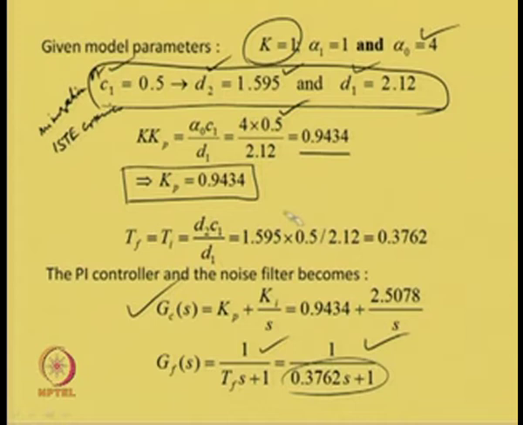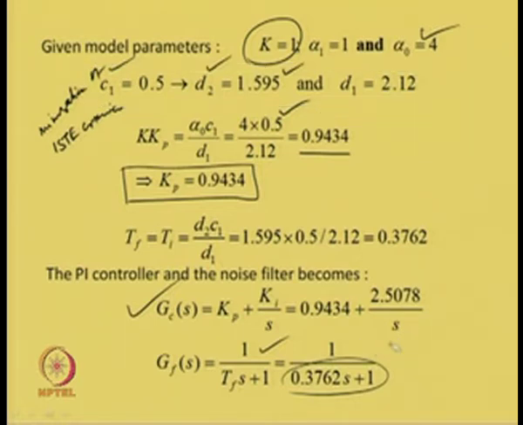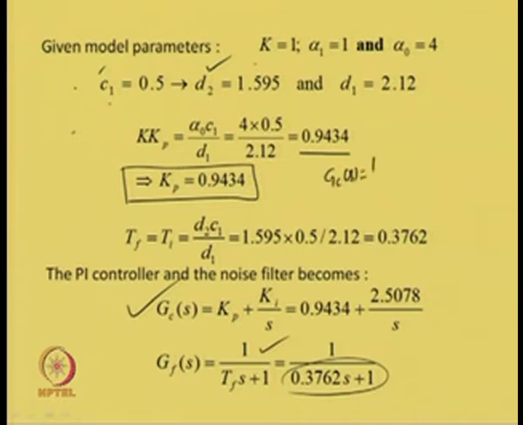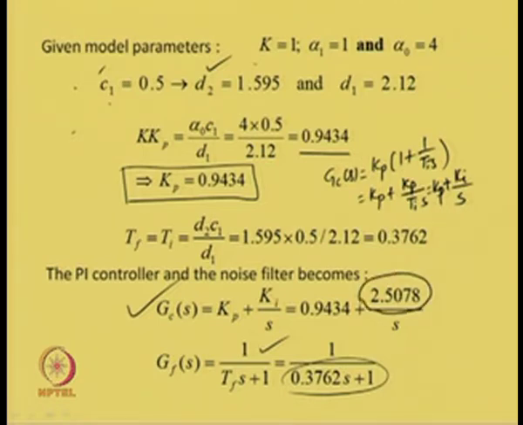It is not difficult to obtain that value for the Ki, making use of the comparison that when the GCS is written in different form, Kp times 1 plus 1 upon TIS, this gives us Kp plus Kp upon TIS. So, this is again expressed in the form of Kp plus Ki upon S. Therefore, this value 2.5078 has been obtained from the ratio of Kp and Ti.